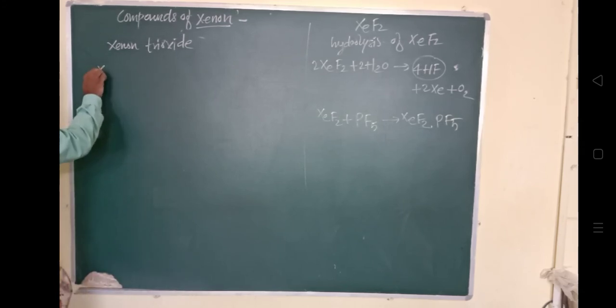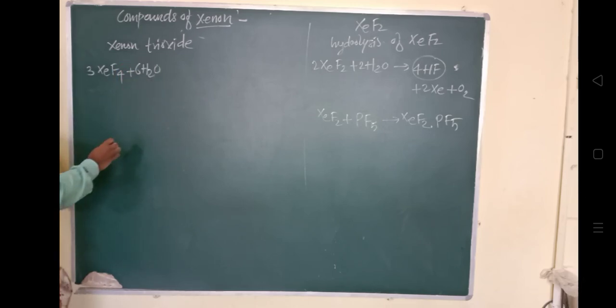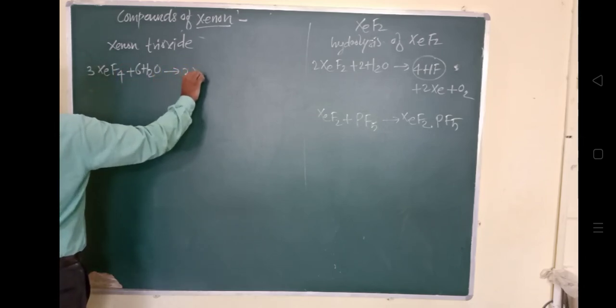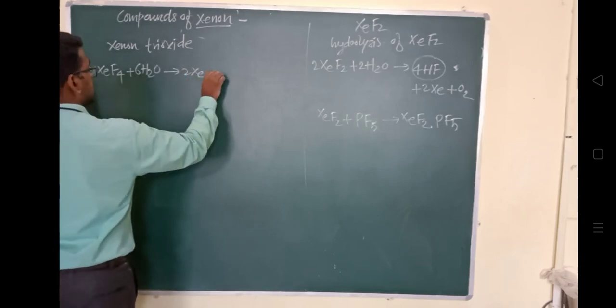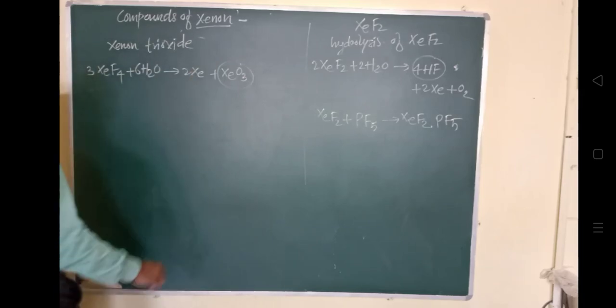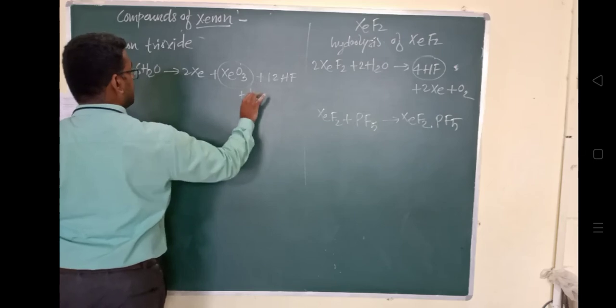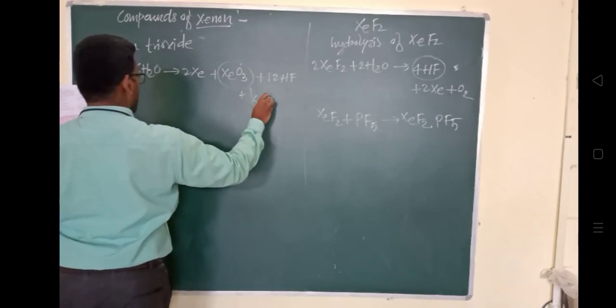So in this way xenon trioxide is formed when the fluoride of xenon is getting hydrolyzed in presence of 6H2O. So this fluoride of xenon when it reacts with H2O, it is forming xenon trioxide.